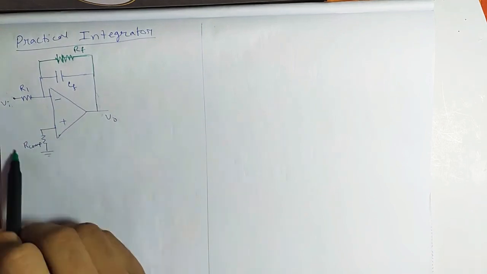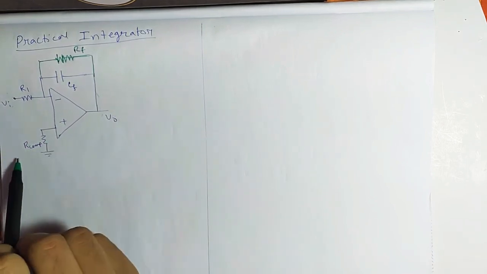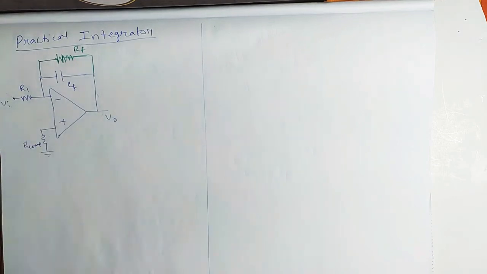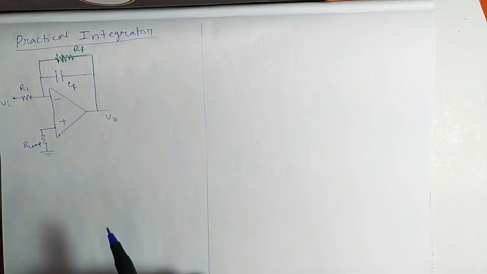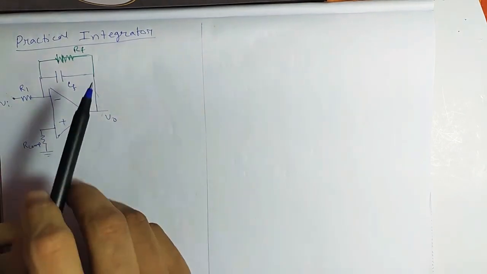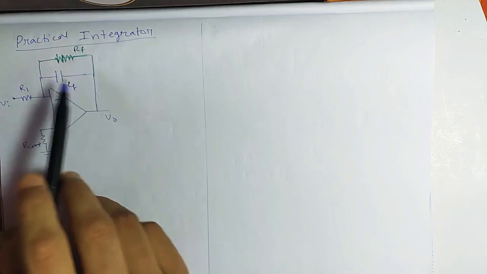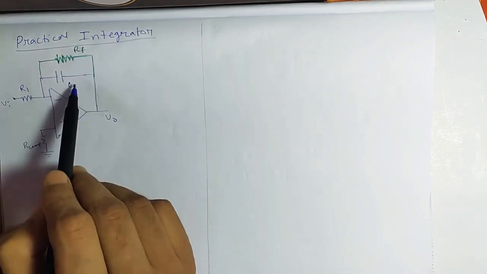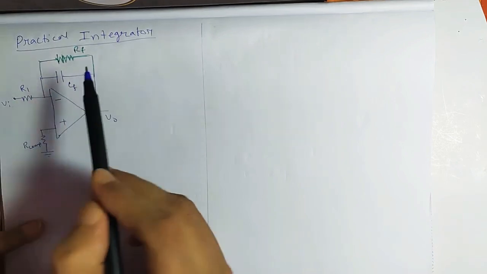To nullify this offset voltage, we use R comp, to nullify the effect of these input currents or offset potential at the output side. So for the DC component, you have gain minus RF by R1, as for DC this capacitor is open circuited.